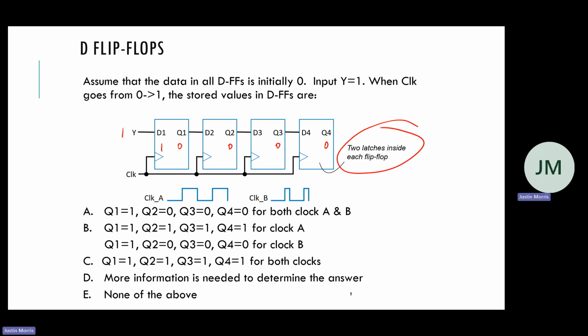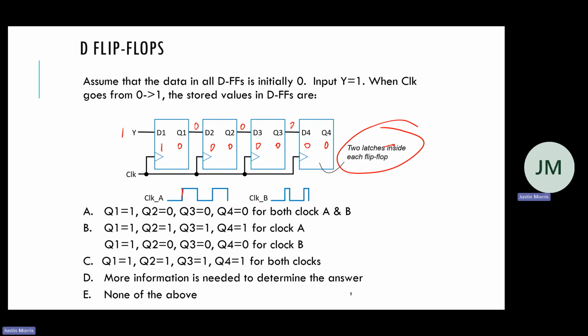While the clock is 0. But the second latch over here is disabled, right? Because clock is 0. So it's still holding the 0. So this is 0. So what comes into this latch while clock is 0? Another 0. This one, a 0 comes in here, 0 comes in here. Right?